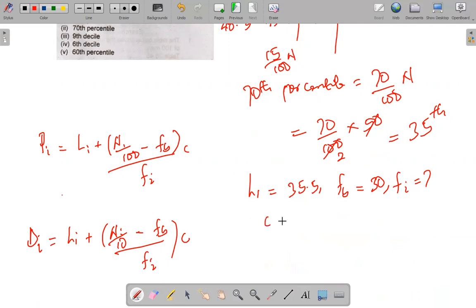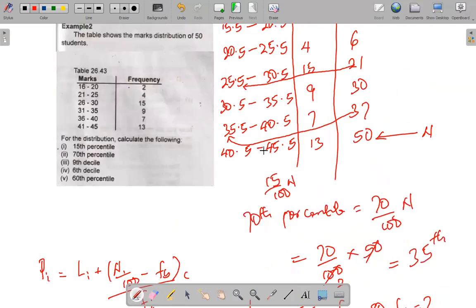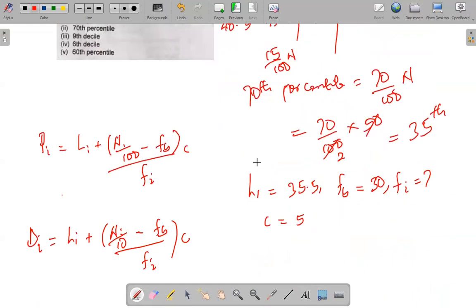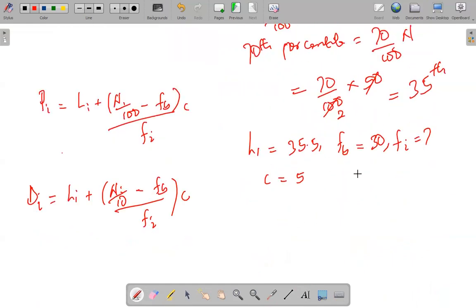Yc still remain constant. The class width doesn't change for a particular data set. It's the same class boundary from beginning to end. So C remains 5. So we will put in all of these values for our 70th percentile.